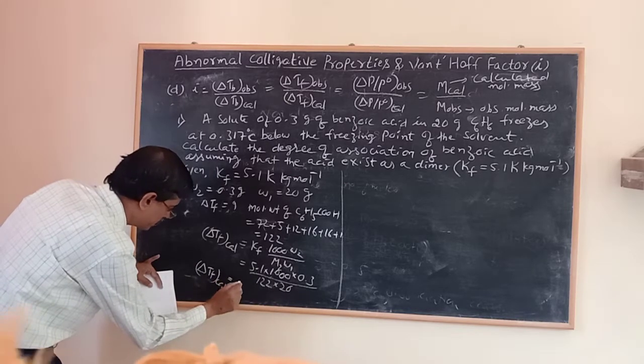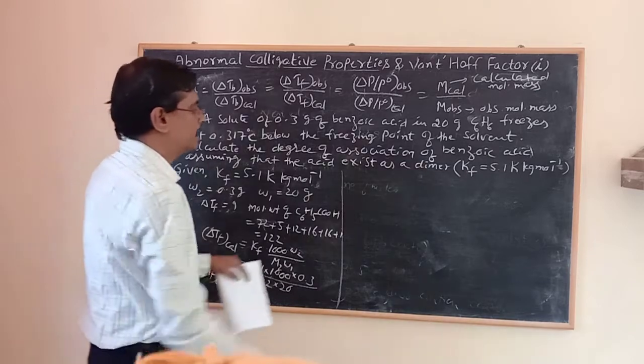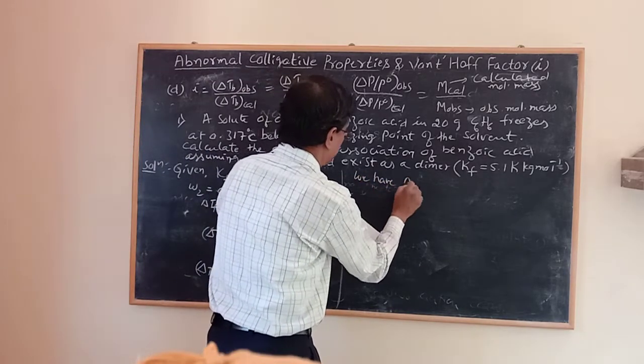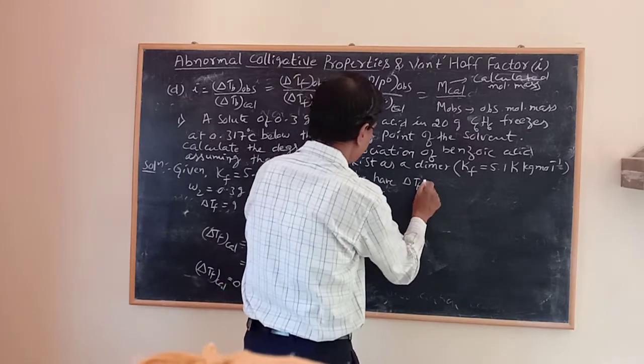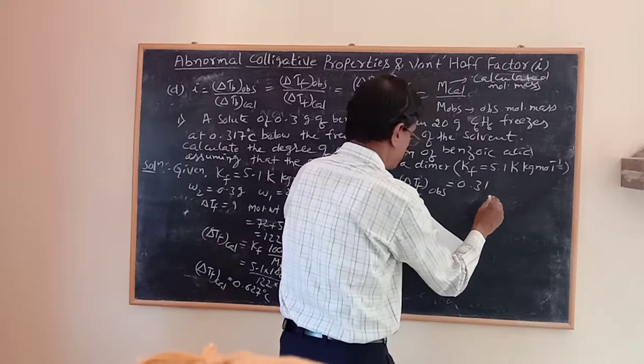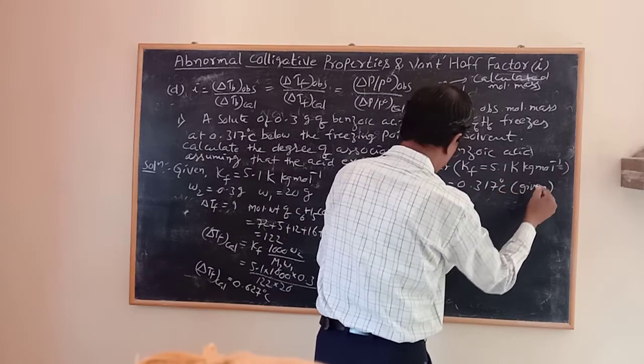By simplification we get 0.627 degrees Celsius. And in the problem the delta Tf observed value is given as 0.317 degrees Celsius.